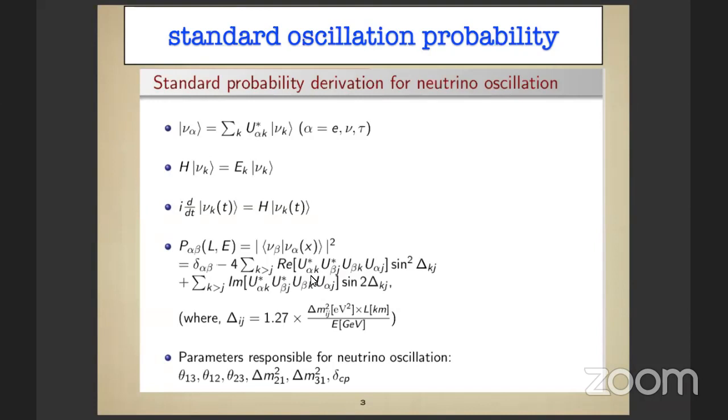In the standard case, one can parameterize this mixing matrix in terms of three mixing angles, namely θ12, θ13, and θ23, and also one CP phase delta CP. In addition to these four parameters, the neutrino oscillation probability also depends on two mass square differences, namely the difference of squares of masses of the second and first mass eigenstates and the third and first mass eigenstates.